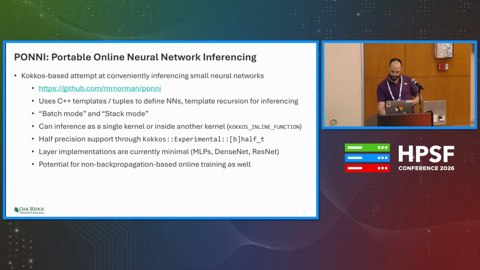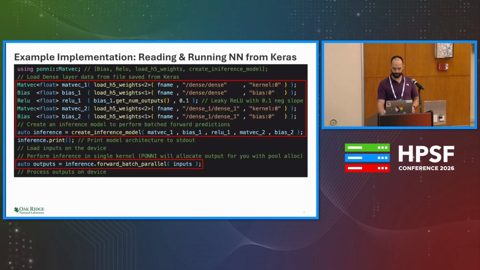So I have tried with half_t and bhalf_t, the brain float, quote unquote. And there's not a ton of layers. You can do dense nets, res nets, and MLPs, which is multi-layer perceptron, not My Little Pony. And you can use non-backpropagation based online training as well that I played around with too.